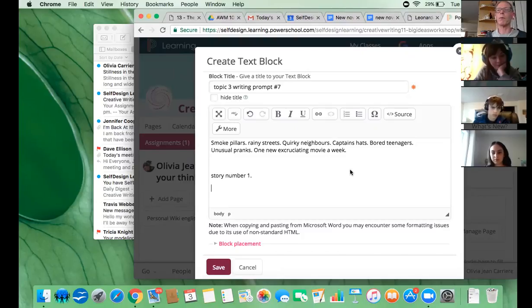So personally, I would try to write just one separate thing on the smoke pillars. I would definitely want a separate thing on the bored teenagers. And okay, so the pranks. Now that's kind of a small town thing.